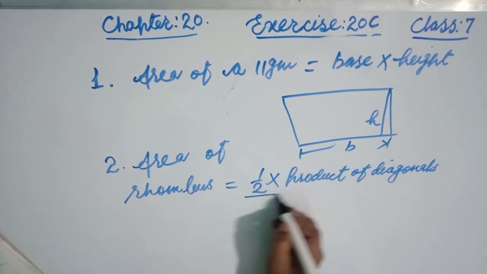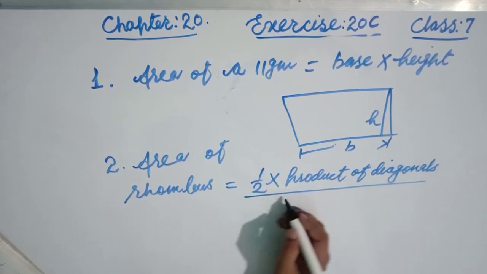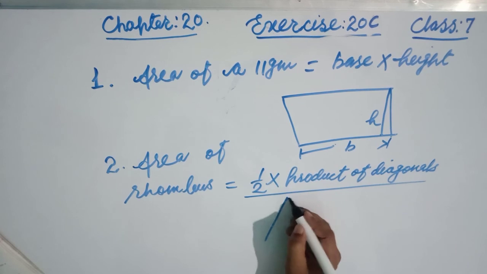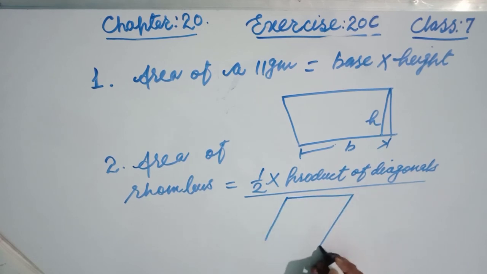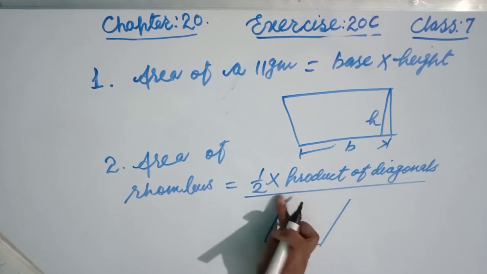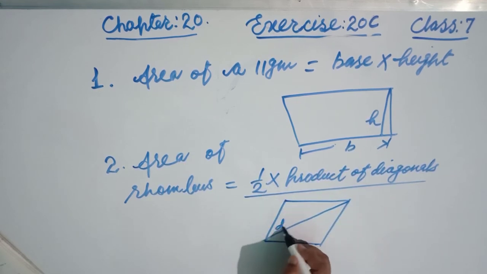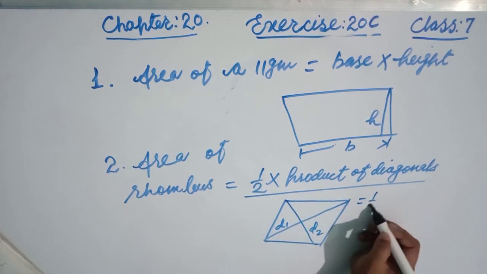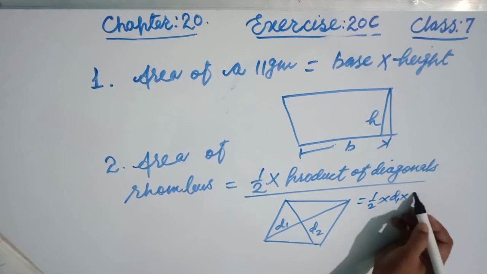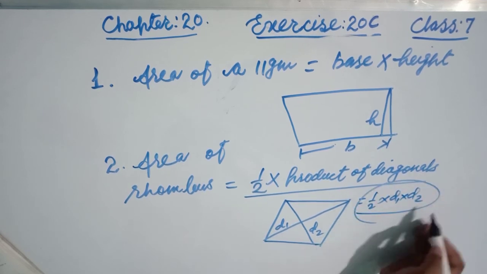Now see, friends, this is the figure of a rhombus. This is a diagonal, suppose D1, and this is D2. Now the area, friends, is half D1 into D2, square unit.